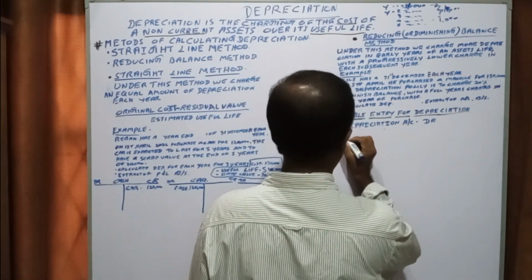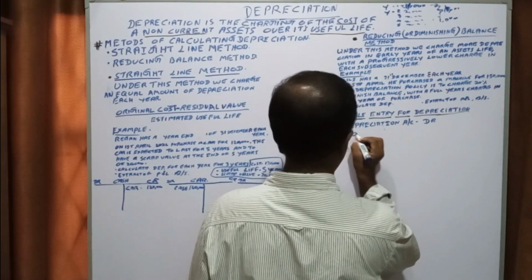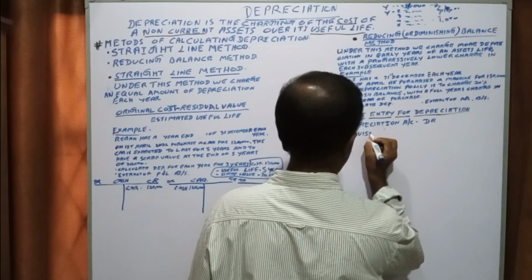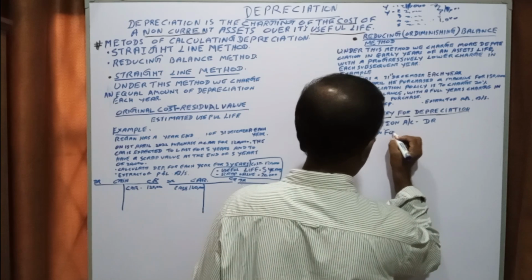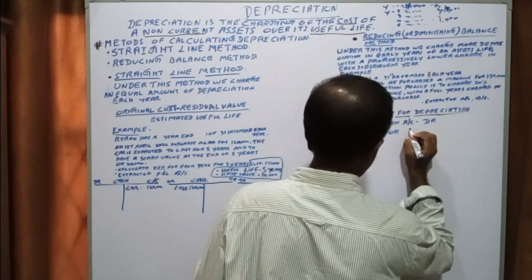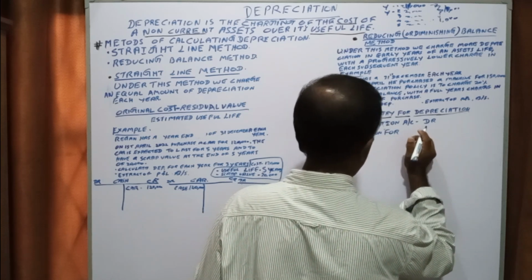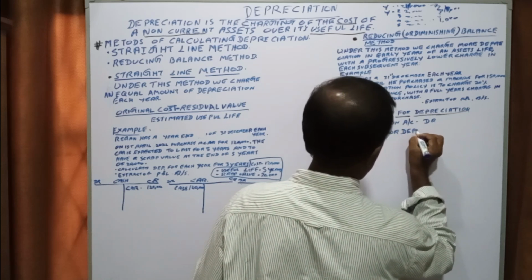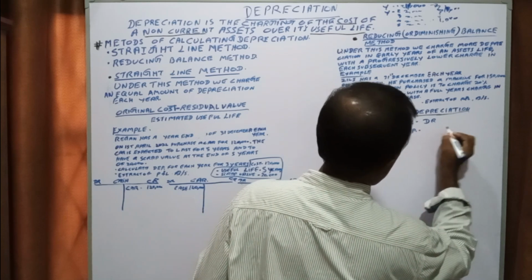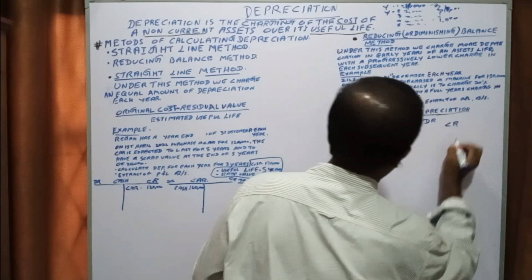Okay, provision for depreciation, that is credit. This is the double entry.